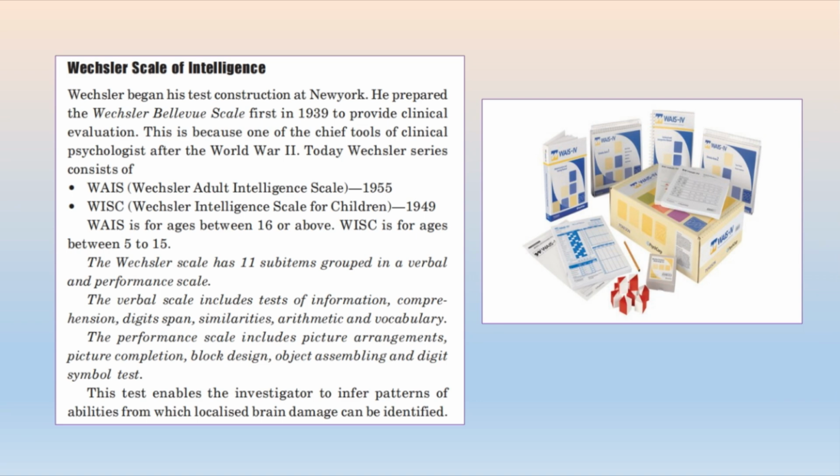The scale is divided into verbal and performance subtests, covering areas like vocabulary, arithmetic, picture completion, and block design. Together, these subtests provide a detailed profile of cognitive abilities and can even help identify localized brain damage.